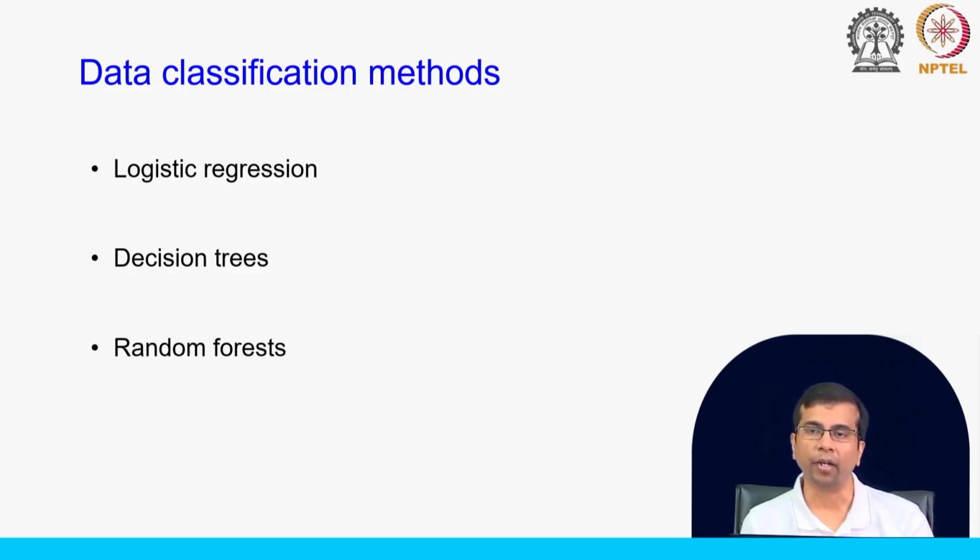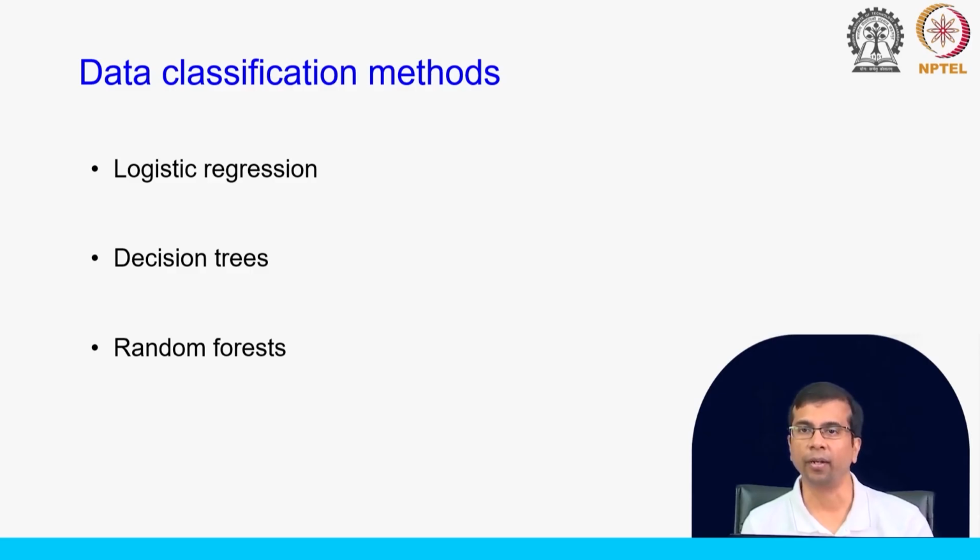And then finally, we will be talking about random forests. This is an extension of decision trees which is designed to address some of the challenges of decision trees. So, these are the three techniques we will be talking about. What is particularly interesting about decision trees and random forests is that they do not require any linear relationship between the independent variables and the dependent variable.